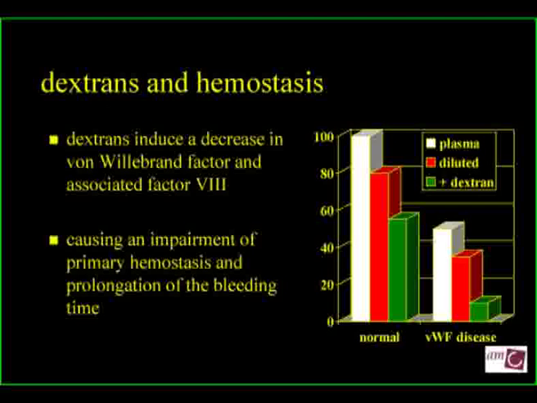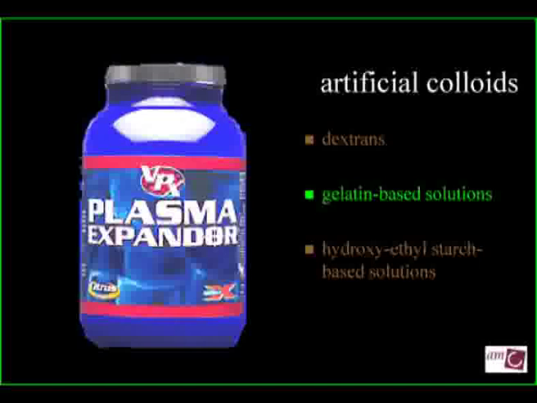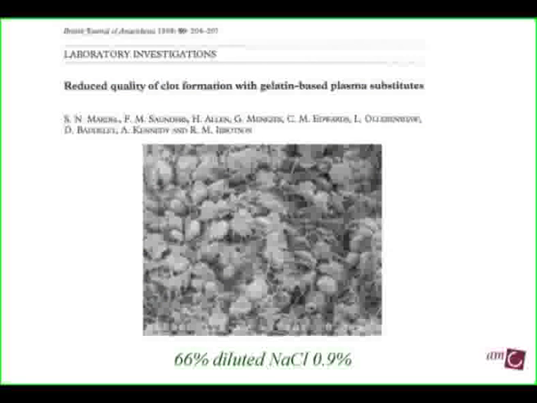Well, just a few words about dextrans. Dextrans induce a severe decrease in von Willebrand factor and associated factor VIII, so you will have an idea that this will make coagulation worse than it was, and especially if you use more than half a liter of dextrans, this effect is already detectable in blood. But gelatins are much more popular, at least in Europe, and they also have an interesting but sometimes also important effect on coagulation.